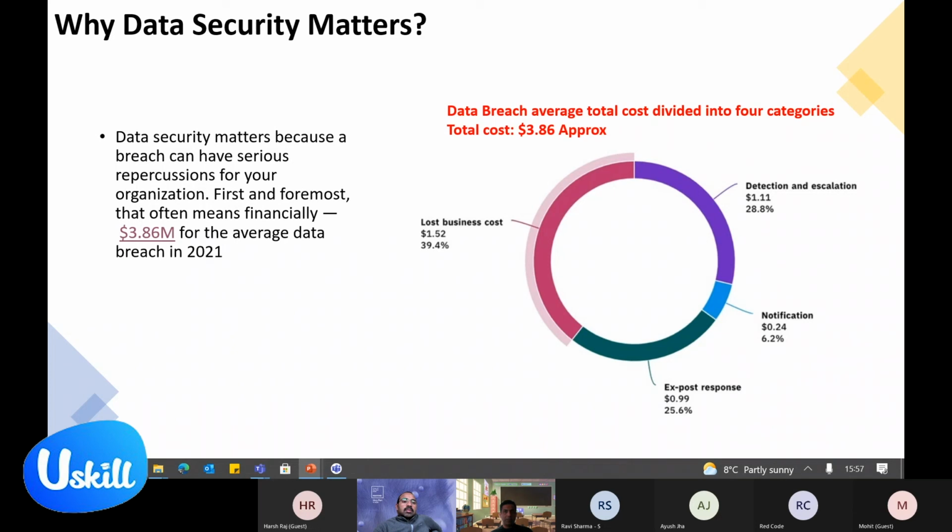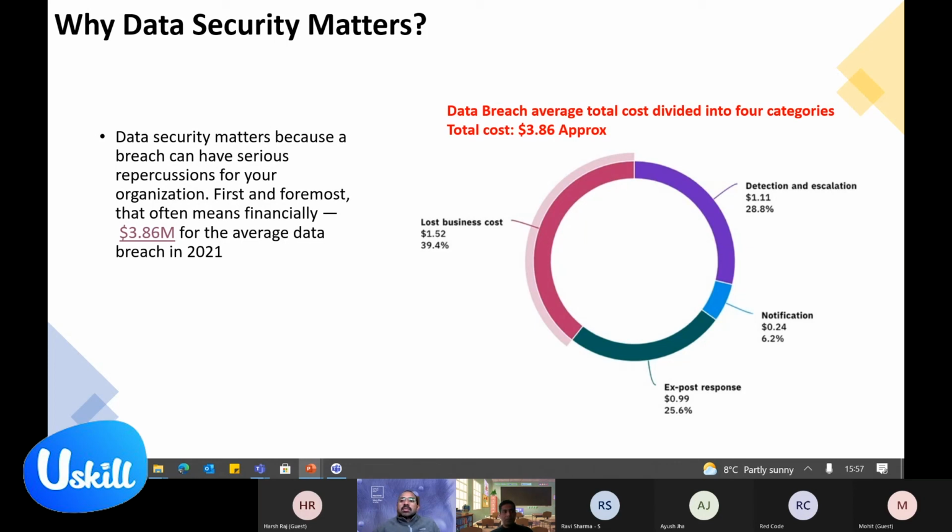Whatever news we find on the internet, maybe on the BBC channel or other news agencies, highlights that such a breach has happened and that much loss has occurred. But data breaches keep happening all the time. Do you know why?